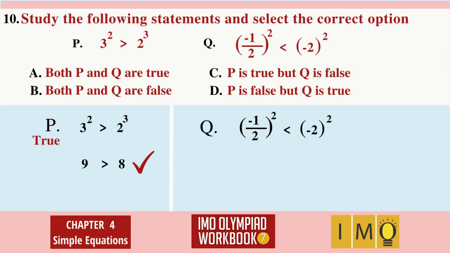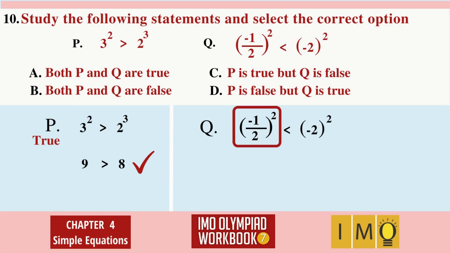Now, let's check out statement Q. Minus 1 by 2 the whole square is less than minus 2 the whole square. Let's remember, we have a negative sign in the base and the exponent is an even number. In such a case, the answer becomes positive.